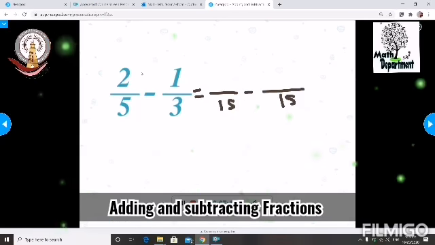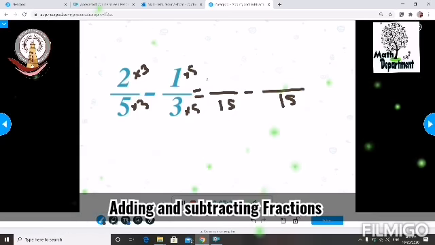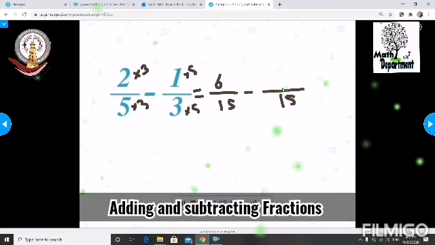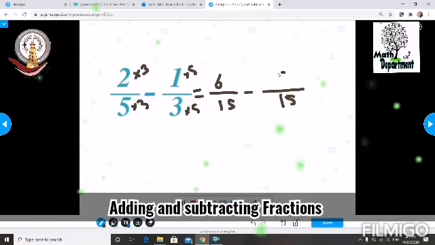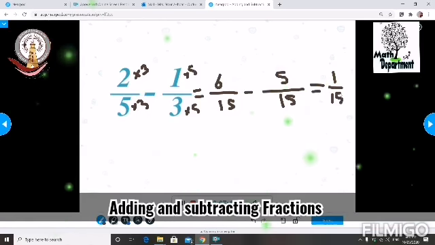Okay, so I multiply here by 3 and here by 3, and here I multiply by 5 and here I multiply by 5. So now 6 over 15 minus 5 over 15, so the answer will be 1 over 15. For sure, this fraction I cannot reduce it.